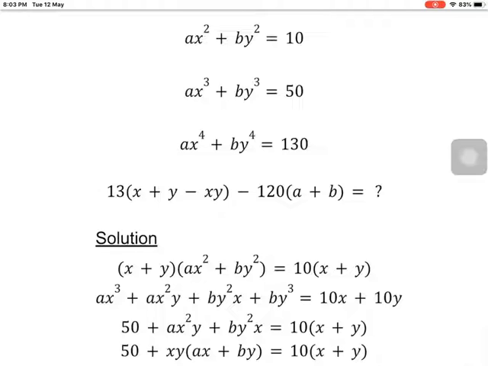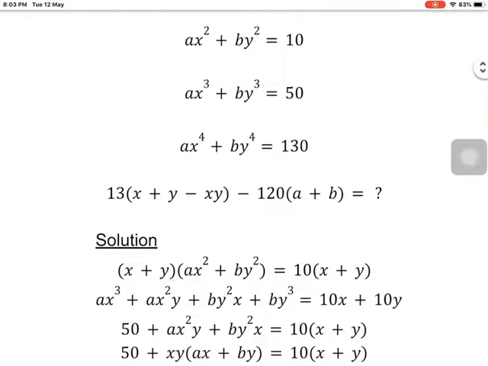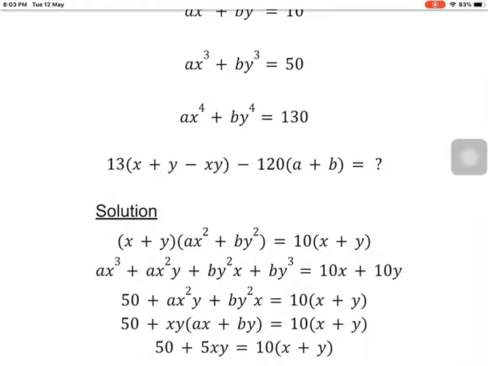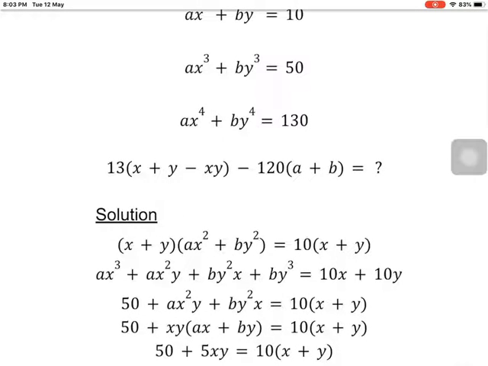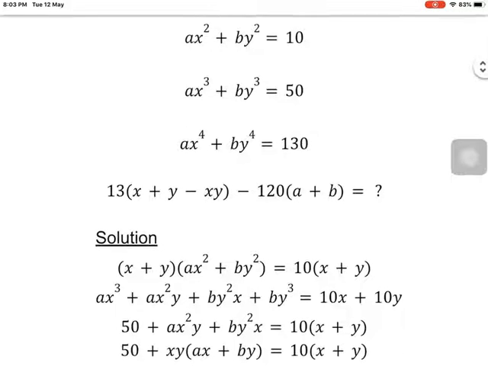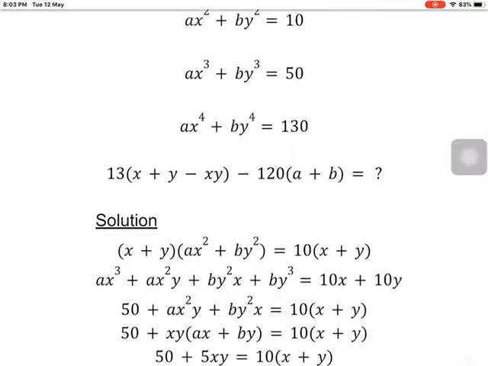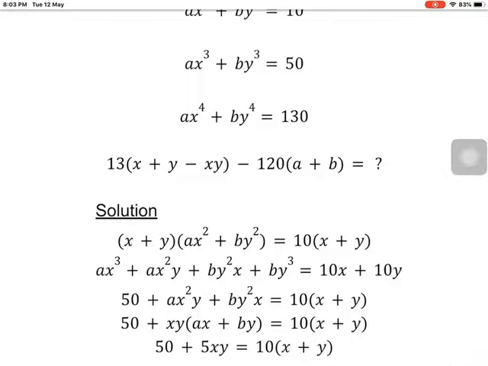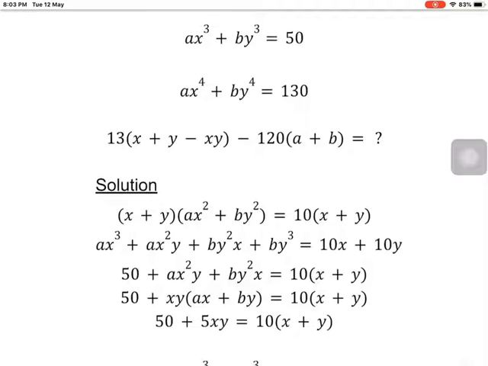And you factorize it out from the parentheses, so it is 50 plus xy times (ax plus by), and that is equal to 10 times (x plus y), which is constant. Now we already know that ax plus by in the original equation equals 5. So 50 plus 5xy equals 10 times (x plus y). So we have the first of the simultaneous equations.